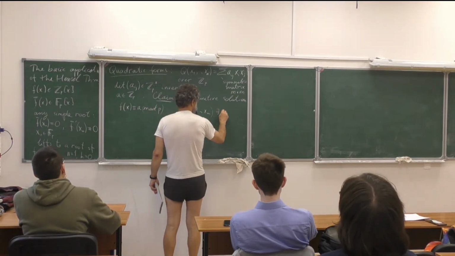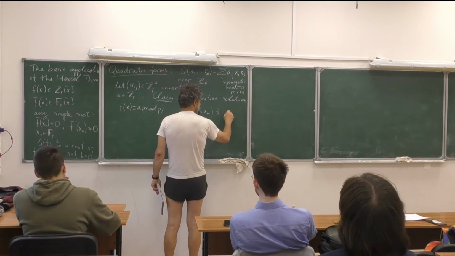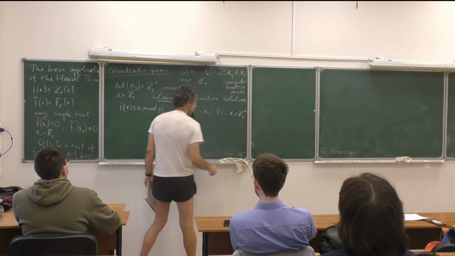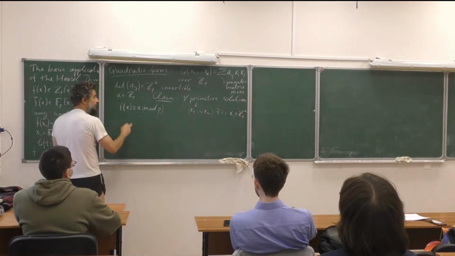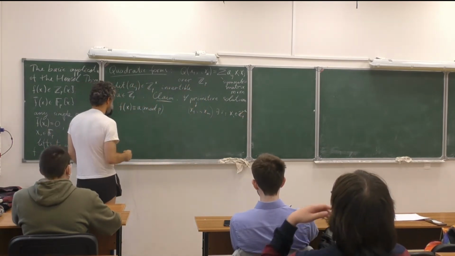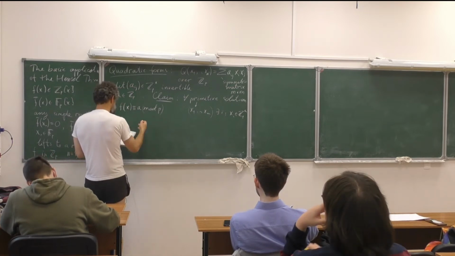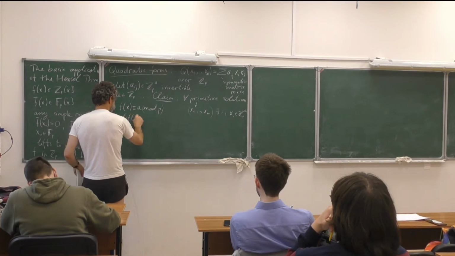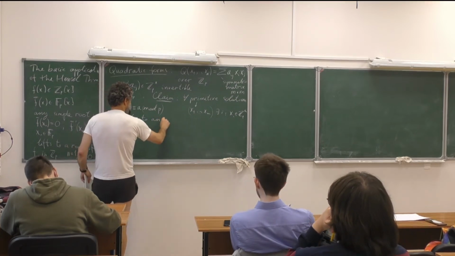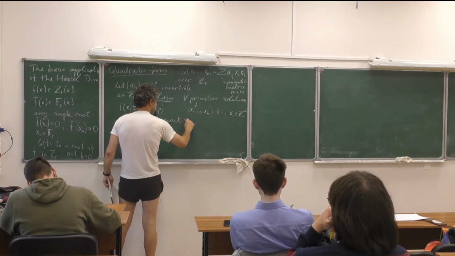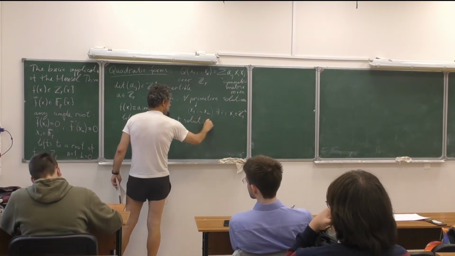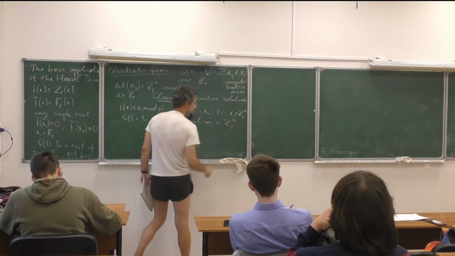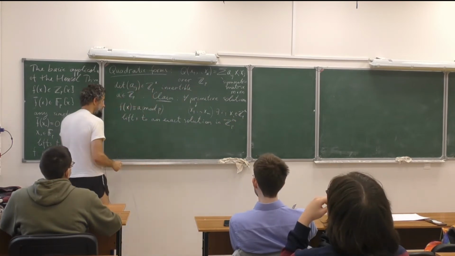So there exists i such that xi is invertible. Okay, so any primitive solution of this equation modulo p lifts to an exact solution in Zp to the power m.